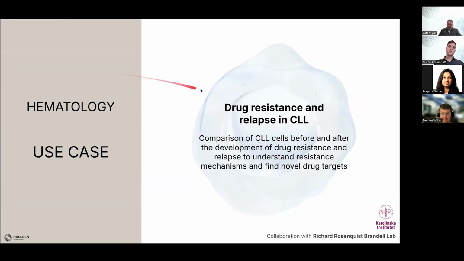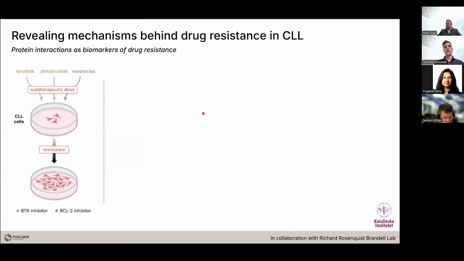But something that can also be done is to study drug resistance and relapse. This is something that we did in CLL. And also to understand resistance mechanisms. This was in collaboration with Richard Rosenquist Brandell's lab at Karolinska Institutet. And this study was divided into different parts.